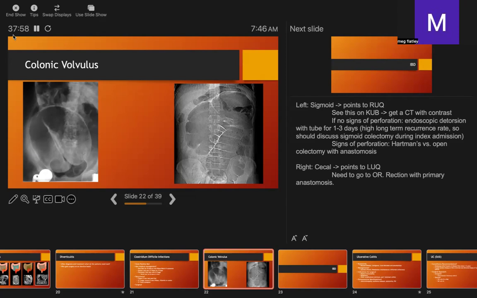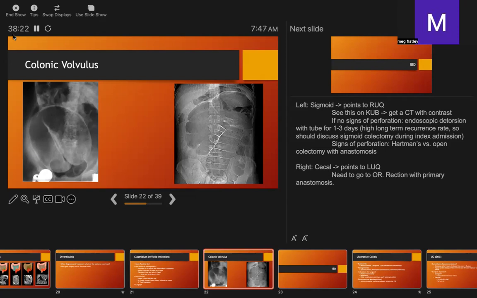Okay. What's the downside to doing an endoscopic detorsion, Daniel? Sure, you can perforate. What else is the downside to it? Yeah, it's got a high recurrence rate, okay? I actually did a case like this at Methodist, and he had a sigmoid volvulus. We did a sigmoid resection.